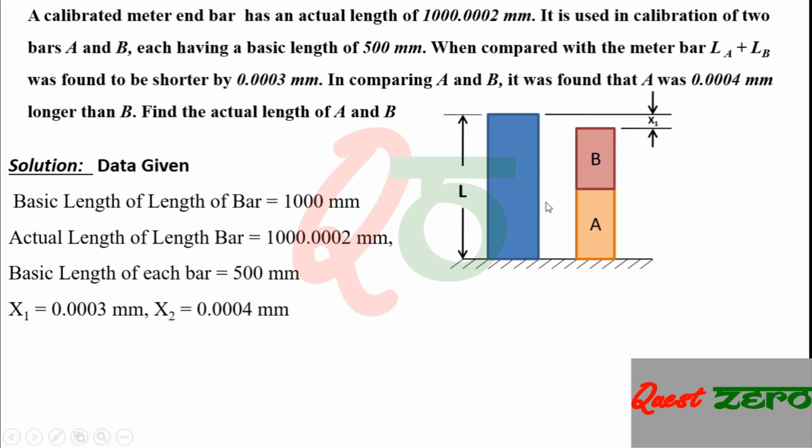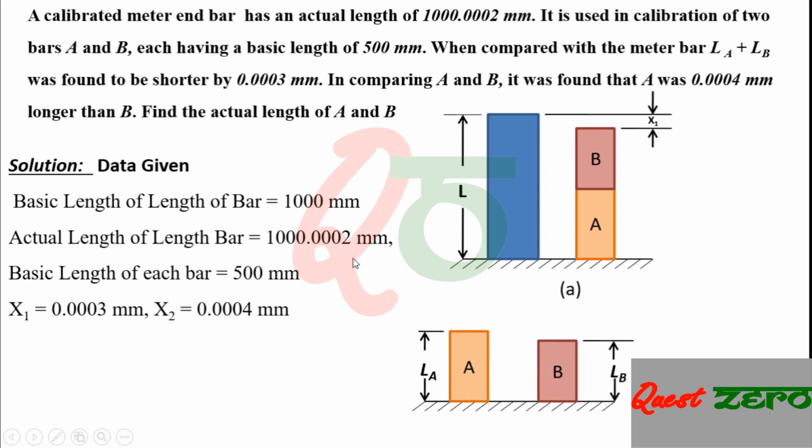Now when we compare A and B itself, there is also some difference. I'll call that figure B. When both A and B are compared, A was longer than B by x2, or 0.0004 mm. So with this data we will proceed further.